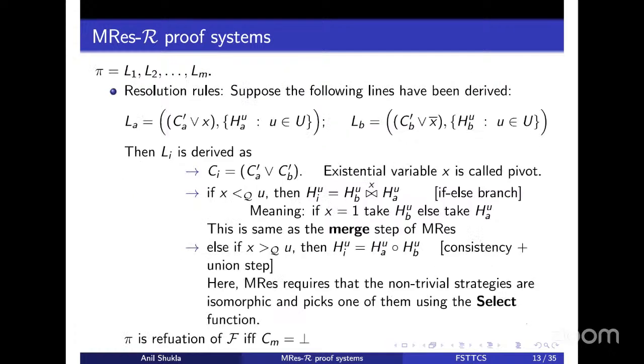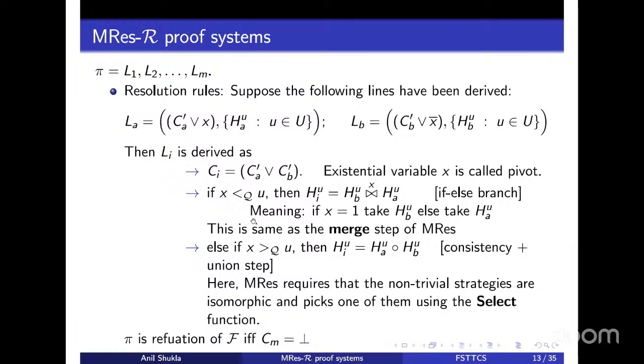The second rule is the resolution rule. Suppose I want to derive Li using two lines LA and LB, resolving on x, which is the pivot, an existential variable. Again, x is either on the left of u or on the right of u.